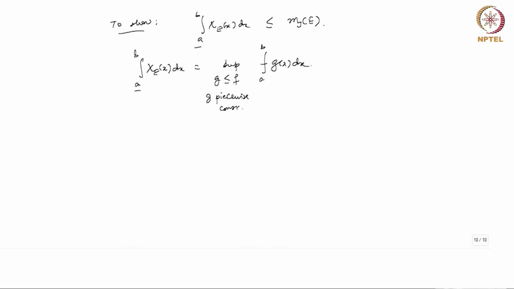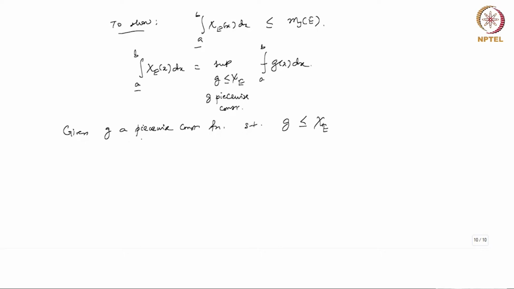Now what we can do here is the following. I am using the fact that this is the supremum over g less than or equal to chi_E.